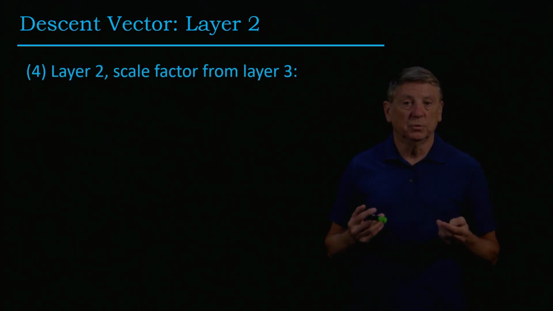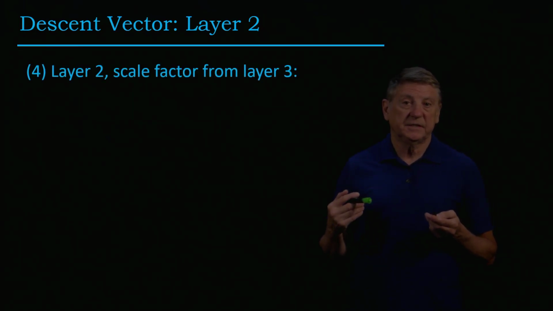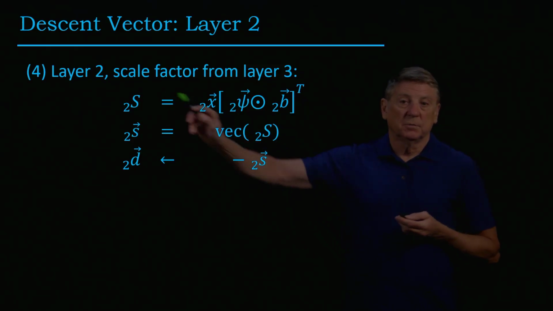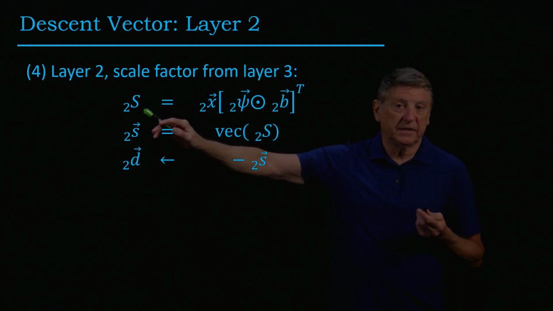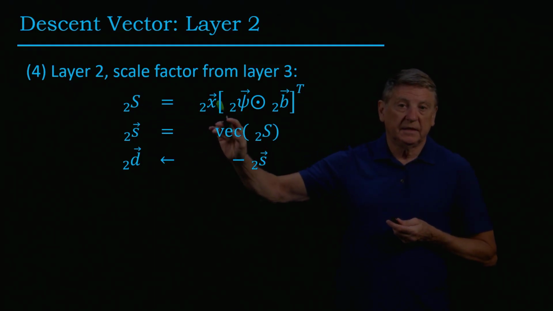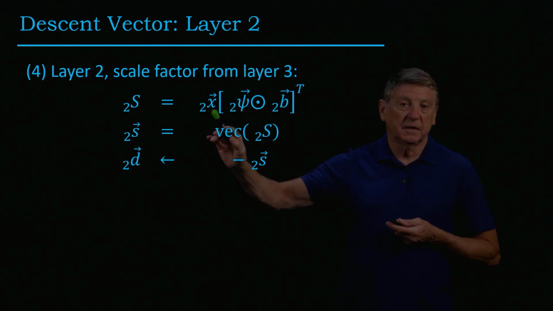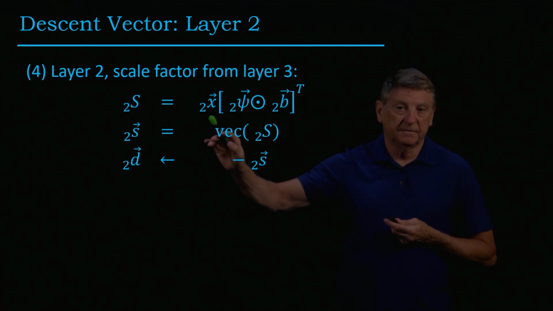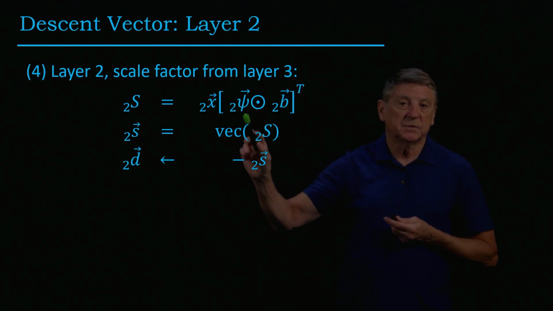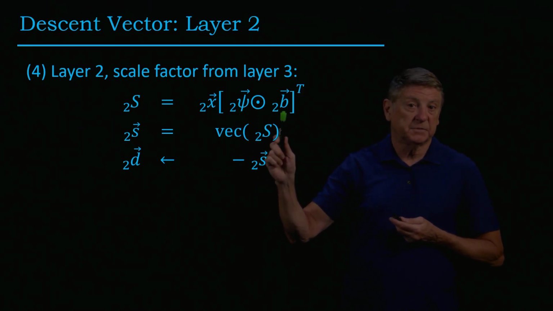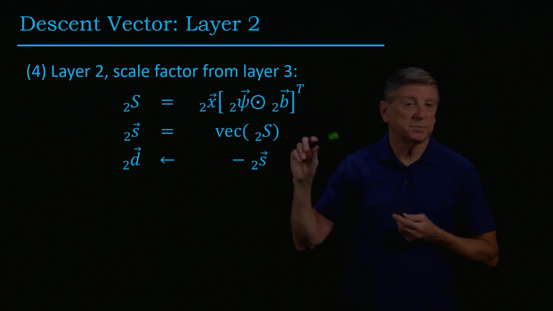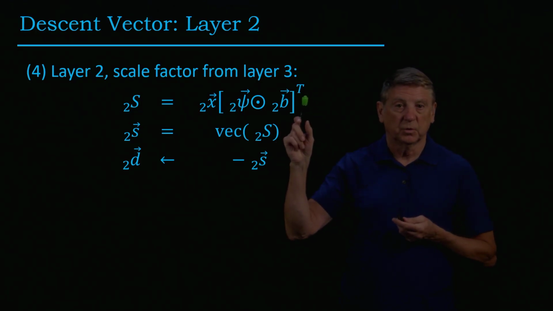So for layer 2, we take that layer 3 scale factor and we then compute a scale matrix. So we're going to vectorize everything, and this will be the vector of the vectorized input times the Hadamard product of the derivative of the responses of the activations for layer 2 times that scale factor, and then we have to transpose it to get all the linear algebra to work correctly.